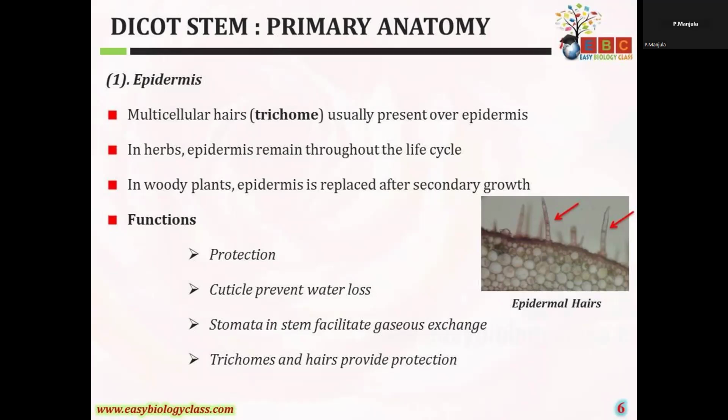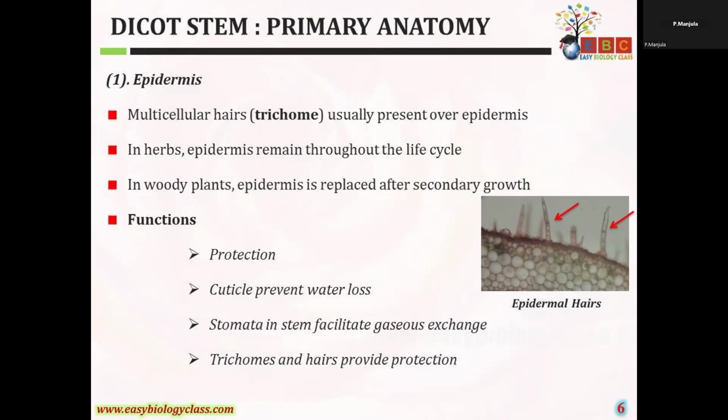In herbs, the epidermis remains throughout the life cycle. But in woody plants, the epidermis is replaced by secondary growth. The main function of the epidermis is protection.